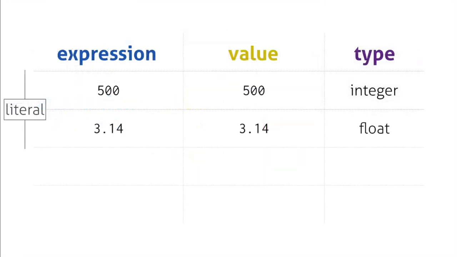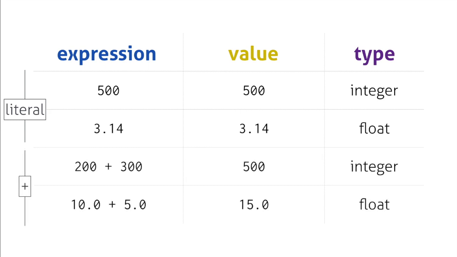So let's go through a few examples of expressions, values, and types. First, we have literal expressions, where the expression and the value are one and the same. So the expression 500 has a value 500, which is an integer. The expression 3.14 has the value 3.14, which is a float, or short for floating point number. But we'll build up to writing more complicated expressions. For example, these expressions use the addition operator.